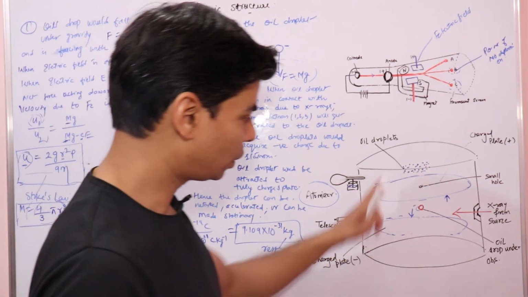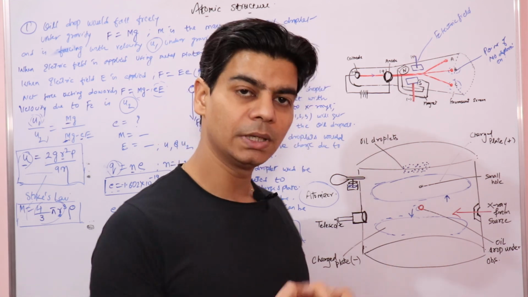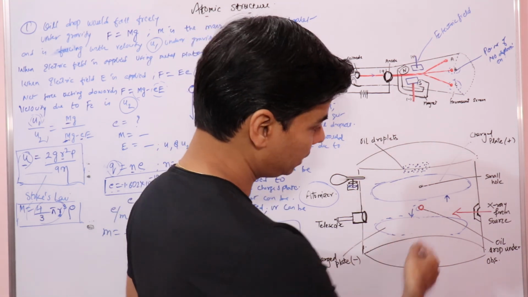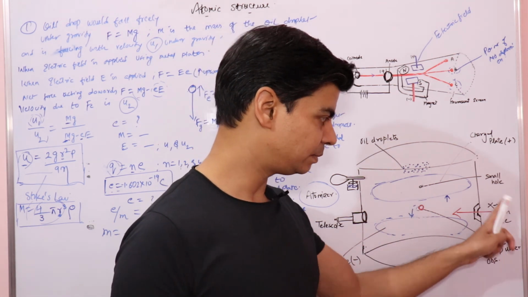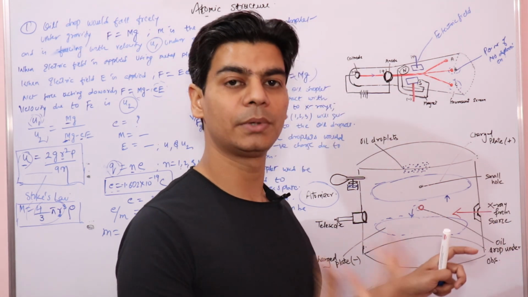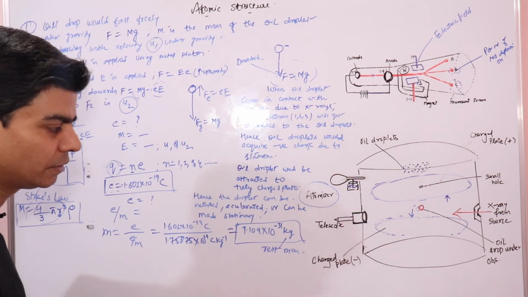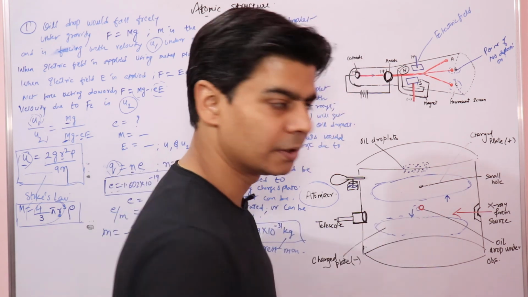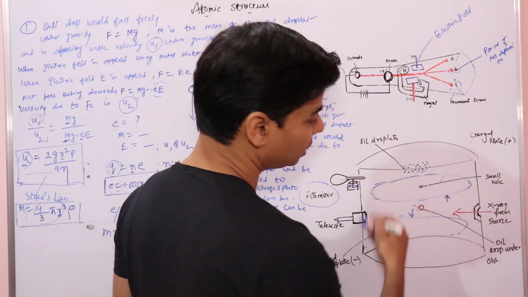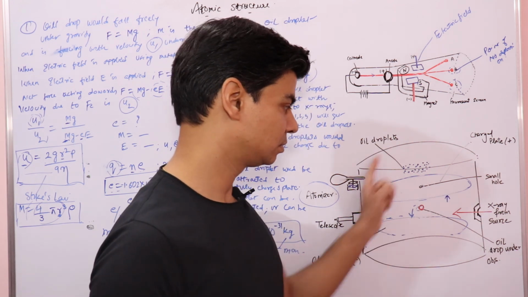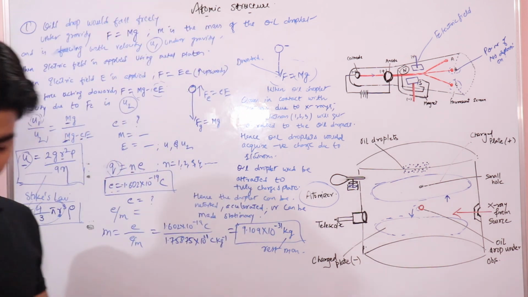When this oil droplet enters the region between these plates, it will attract some electrons, 1, 2 or 3, and these electrons are in this region due to the X-rays, because X-rays ionize the air and produce electrons, which get attached to this oil droplet. So the oil droplet will become negatively charged and would be attracted to the positive plate of this arrangement, right?